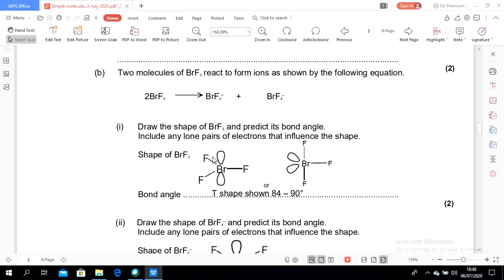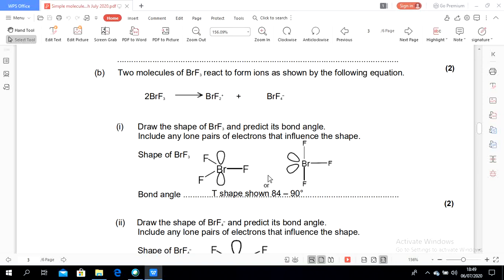This is the presence of 2 lone pairs. So the shape has 3 bond pairs and 2 lone pairs, based on the presentation that I gave. So it has 3 bond pairs and 2 lone pairs.